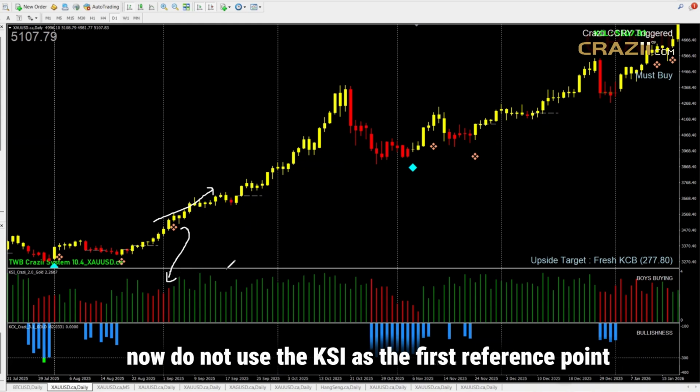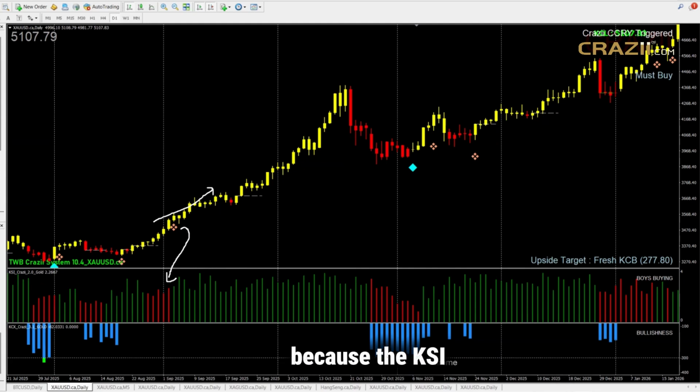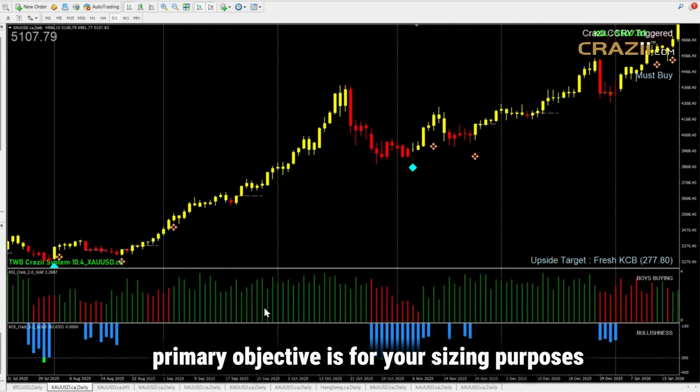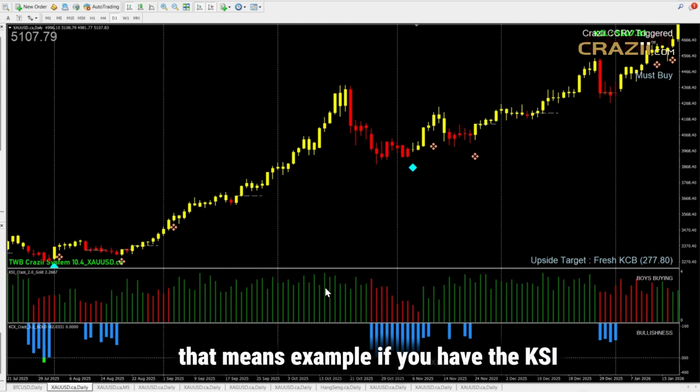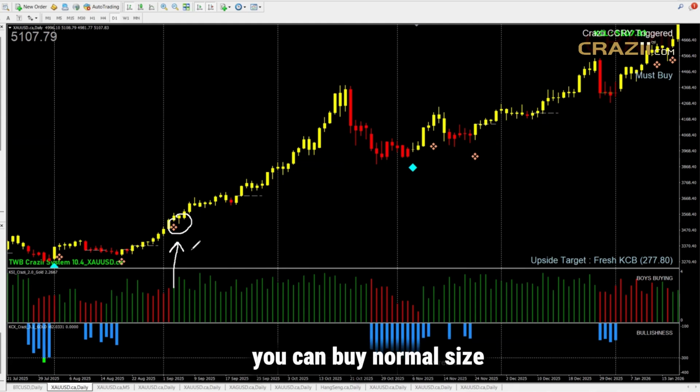Now, do not use the KSI as the first reference point, then go back to the candle. That's incorrect, because the KSI's primary objective is for your sizing purposes. For example, if the bar is yellow and the KSI is green, you can buy normal size or you can consider a higher volume.